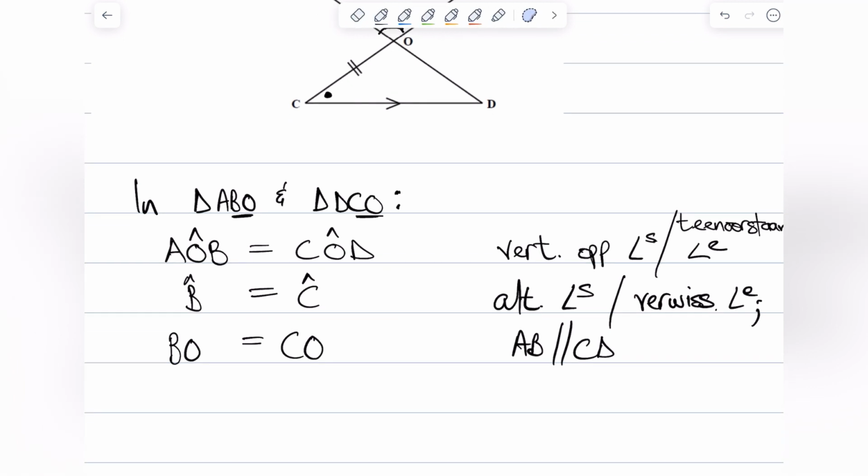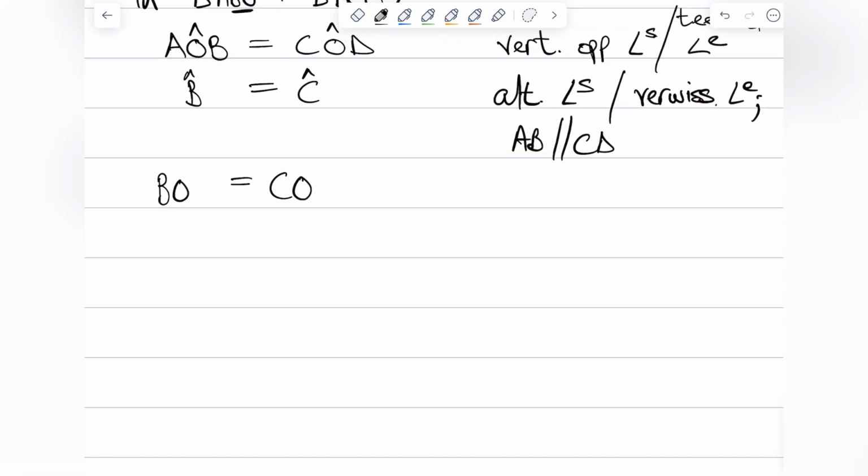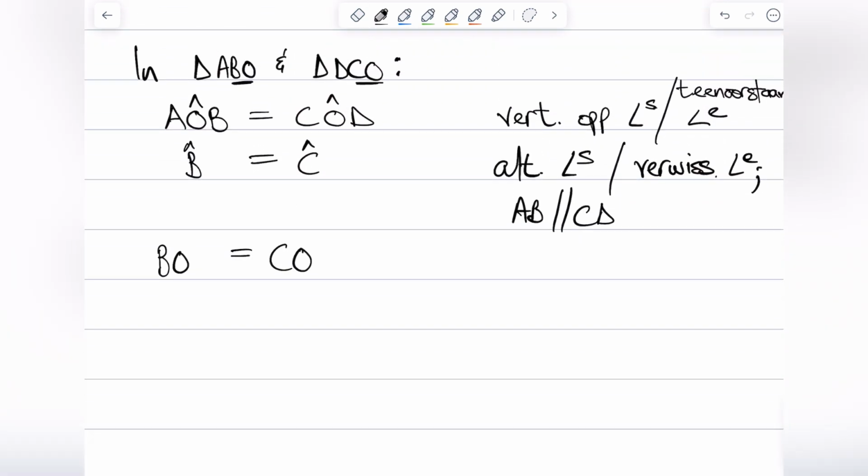Let's just move this over here. Right, so BO equal to CO, and the reason for that is given. They gave that to us.